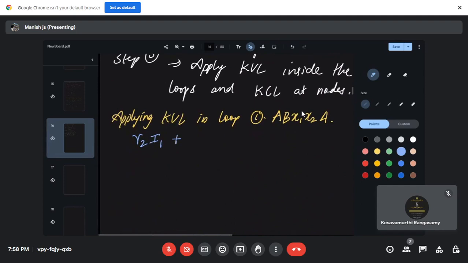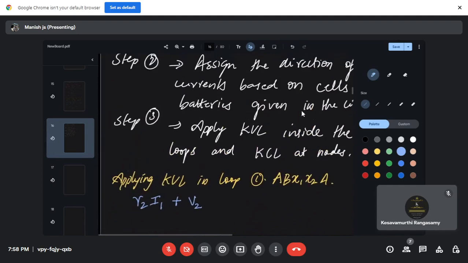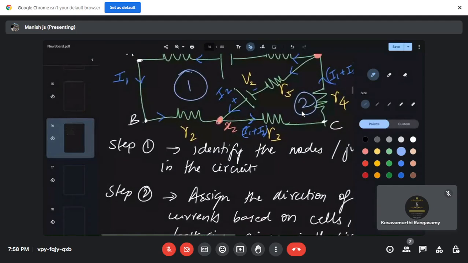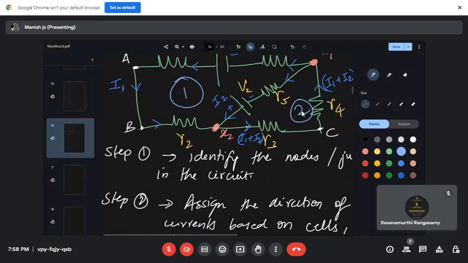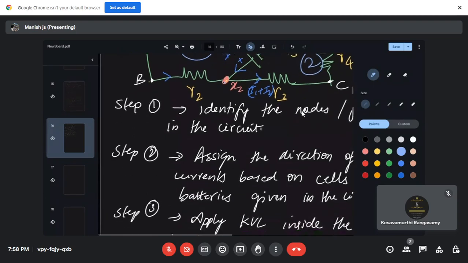So I will write plus V2. And then how am I moving for R5? Am I going in the same direction as current or the opposite? Opposite direction.